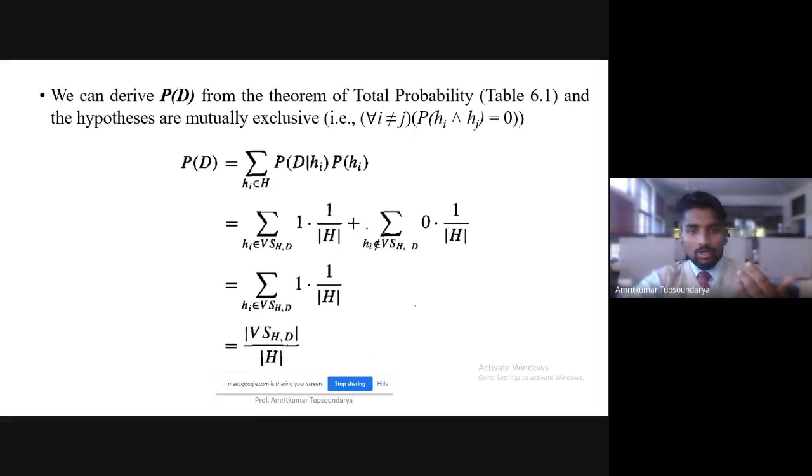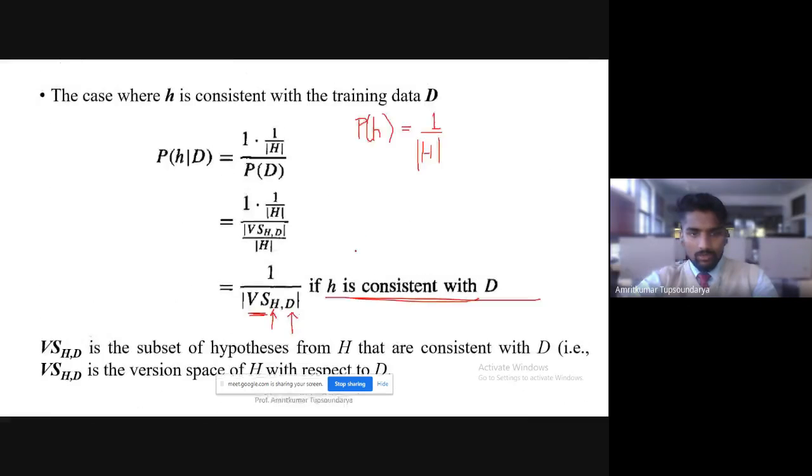For understanding, you must have this question, sir, P of D. How do we have P of D as this value? How do we come up with this value? This P of D is substituted with this ratio of version space and the hypothesis space.